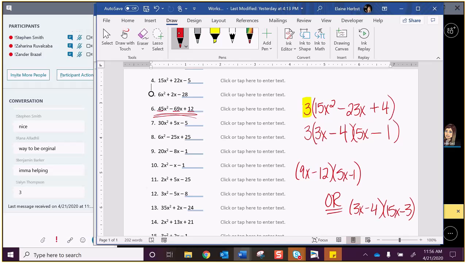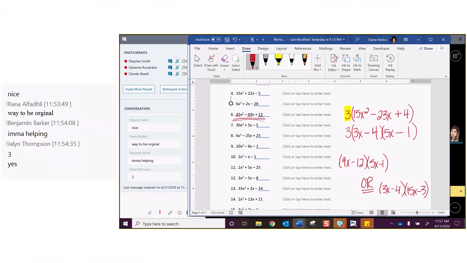What happens when you have a number that you can factor out, like that 3, is you could get 2 different answers. These answers are different. But notice there's a 3 in here that can be factored out. 3 goes into 9 and 12. There's also a 3 back here that could be factored out. 3 goes into 15 and 3. So when you do factor it out, both of these answers would end up with this answer in the box.